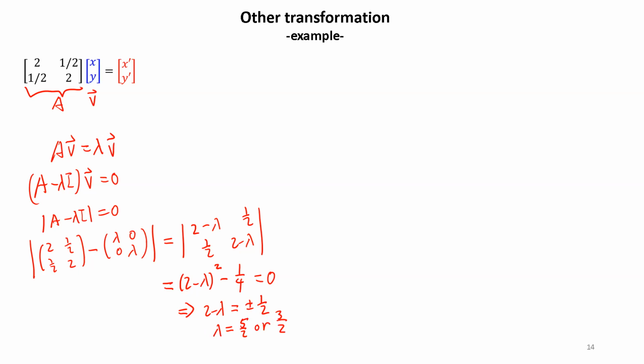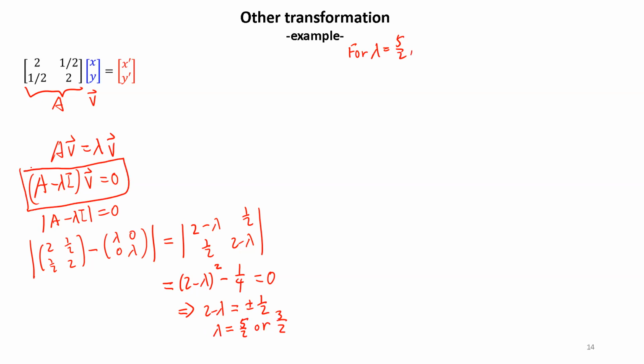So then I need to take care of each case one by one, right? For lambda equals 5 divided by 2, I'm going back to consider this system here.